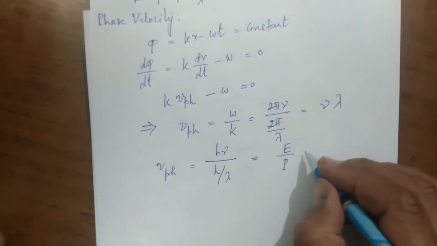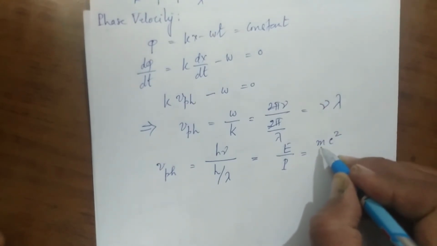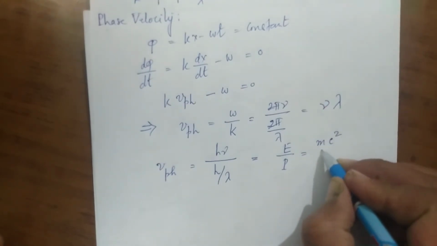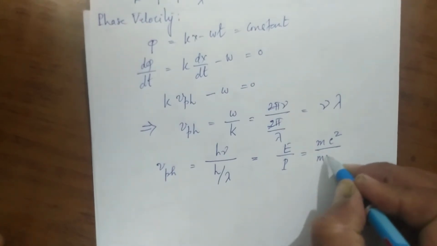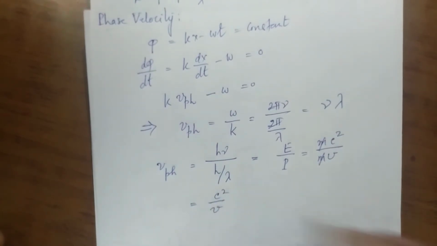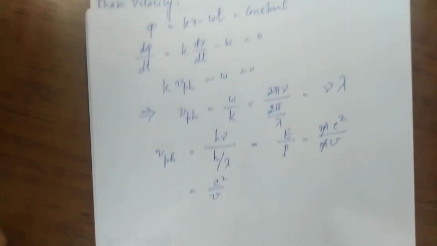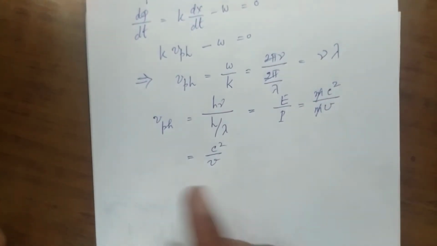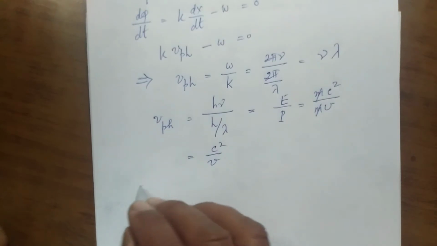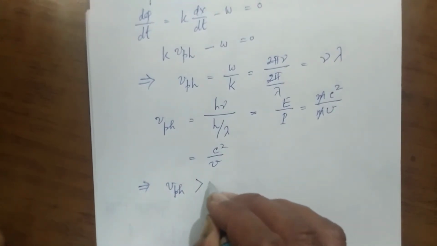Now by the theory of relativity, E can be written as mc squared. m is the mass of the particle, c is the velocity of light, and p is the momentum, mass into velocity. The mass is cancelled, so this is c squared by v. Now c, the velocity of light, is much greater than the particle velocity v. So this relation implies that phase velocity or wave velocity is greater than the velocity of light.